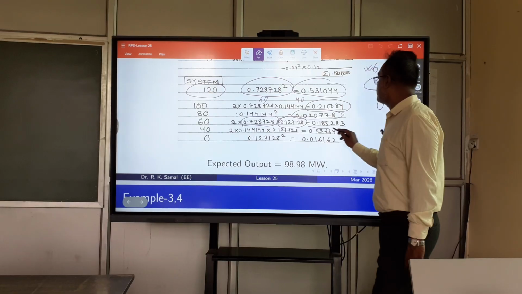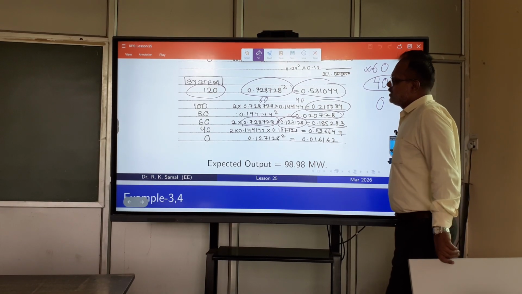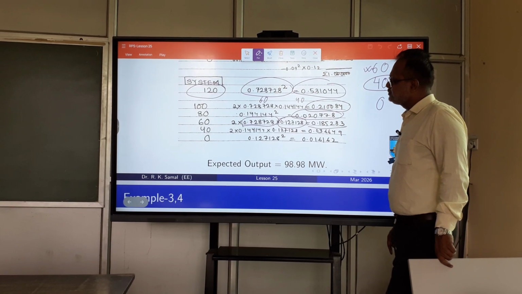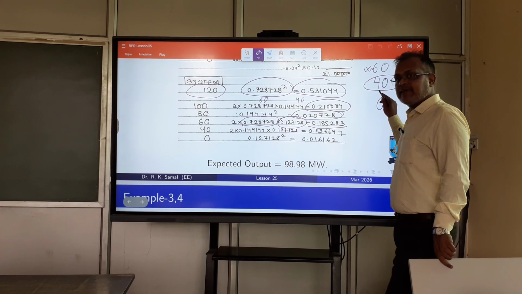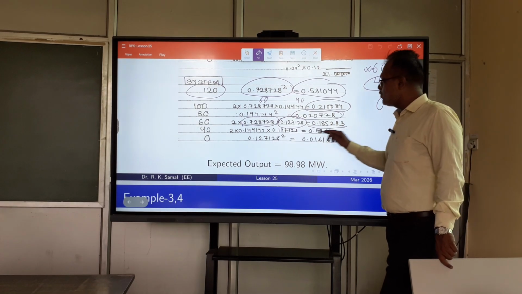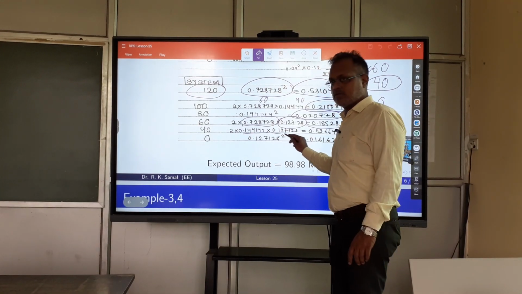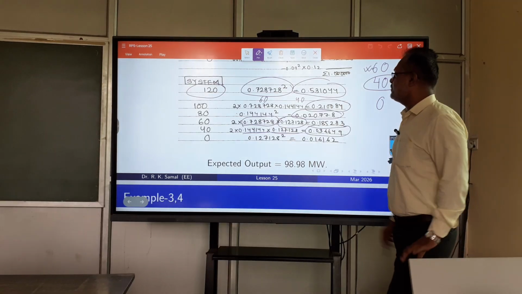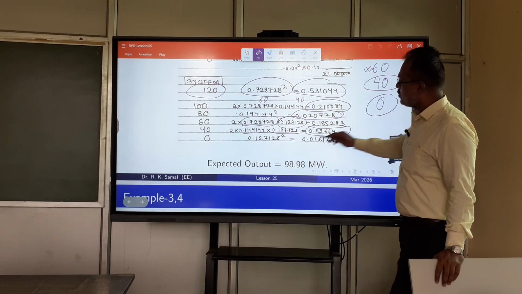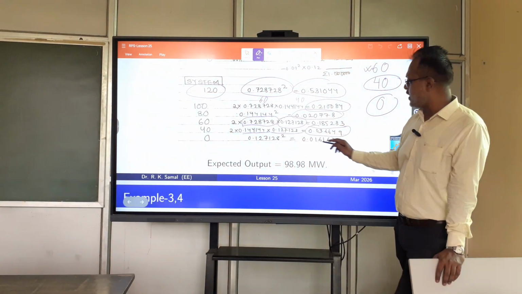So that is 0.1831. And 40 megawatt: either one is providing 40 megawatt, 0.144, the other is 0. 2C1. Okay, therefore this is the probability. And finally, both 0. So, last, 0.2718 squared.